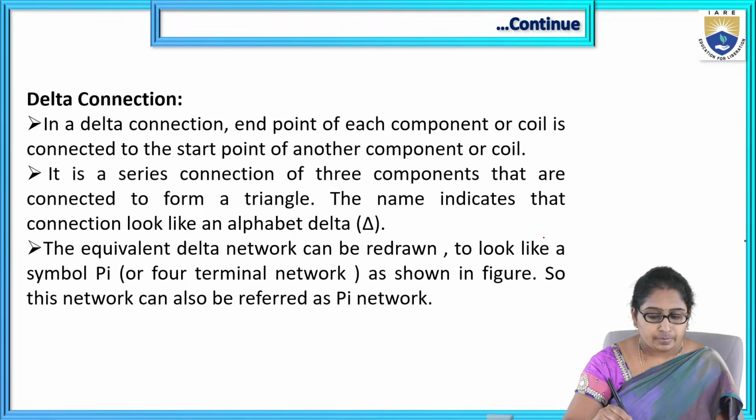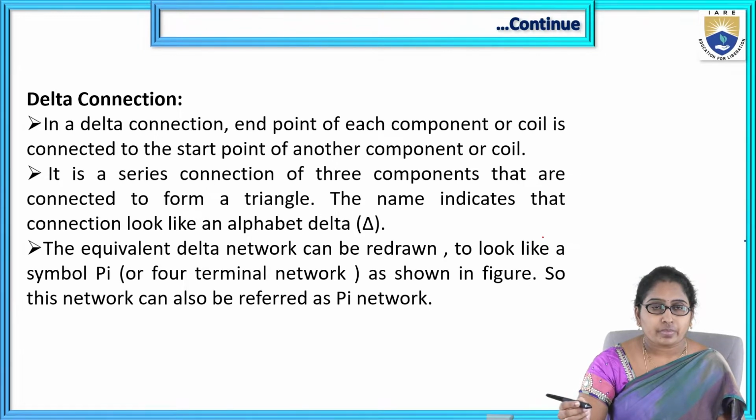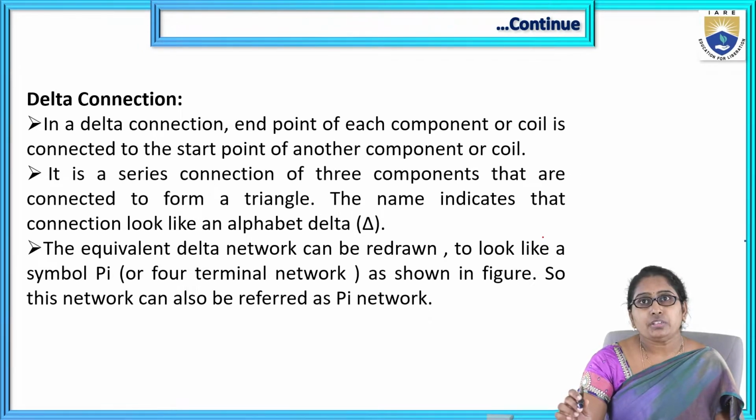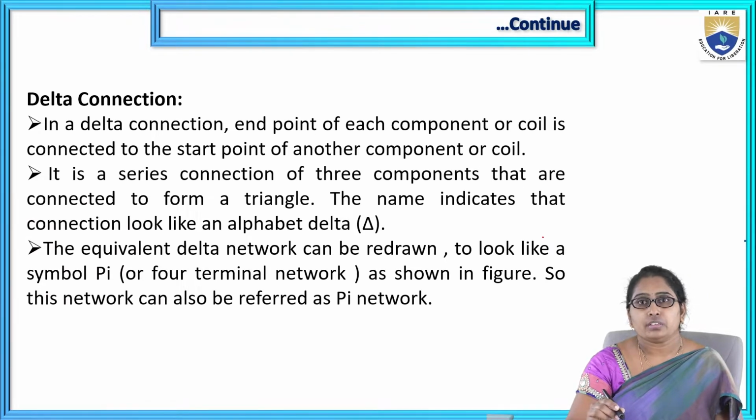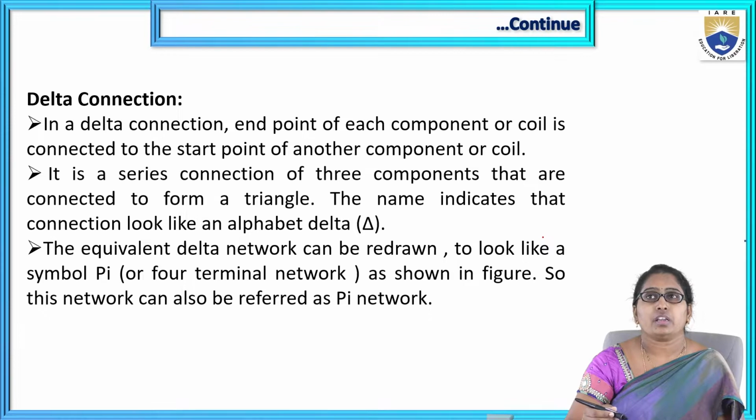Next is delta connection. What is this delta connection? In a delta connection, take a component, it may be a resistor, an inductor, that means a coil, or a capacitor.